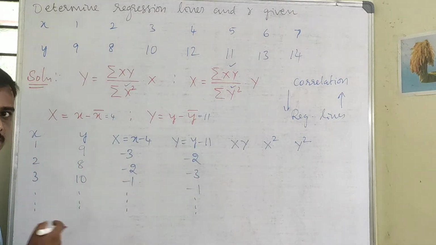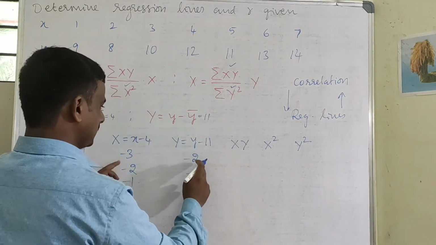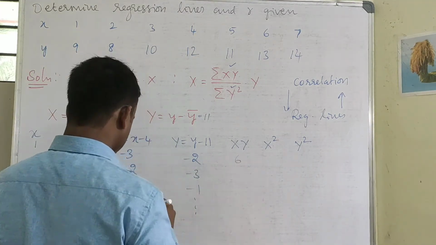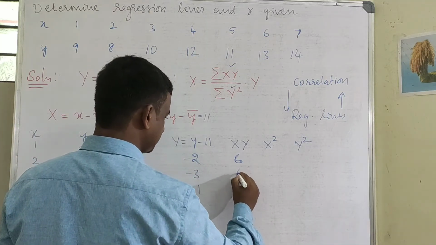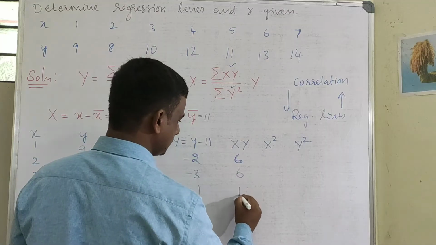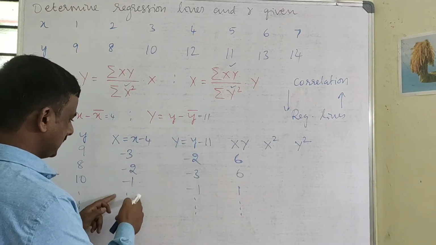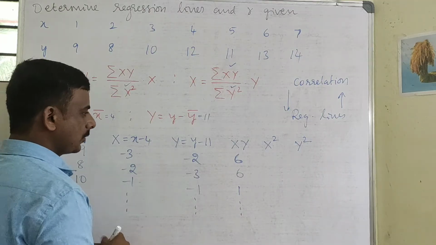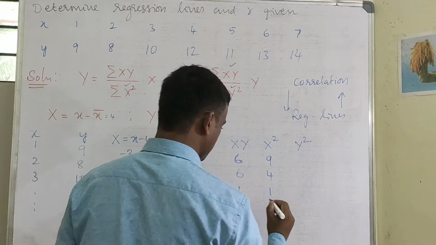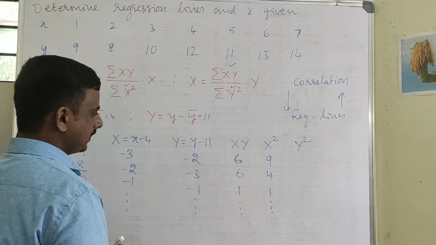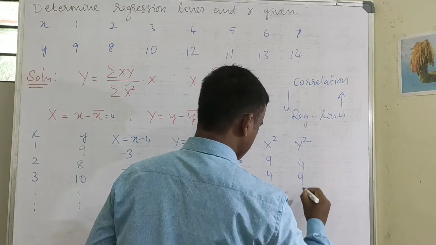I have to write the table till the last value, the 7th value. Capital XY is 6, 6, 1 and so on. For capital X square, we square these numbers: 9, 4, 1, 9, 4, 1 and so on. Capital Y square: 4, 9, 1, 4, 9, 1.